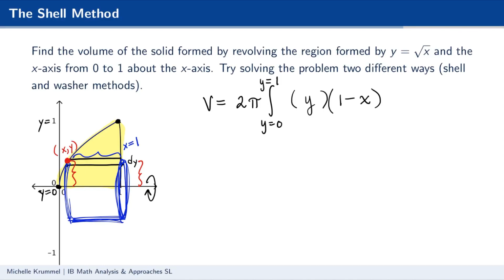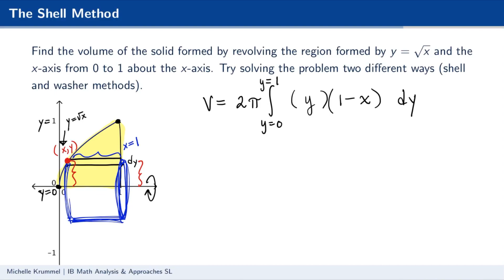Now that's a problem because this is a dy integral. So I can't have 1 minus x. I have to rewrite this x in terms of y. So we know that this came from the equation y equals square root of x. That's what this function is.